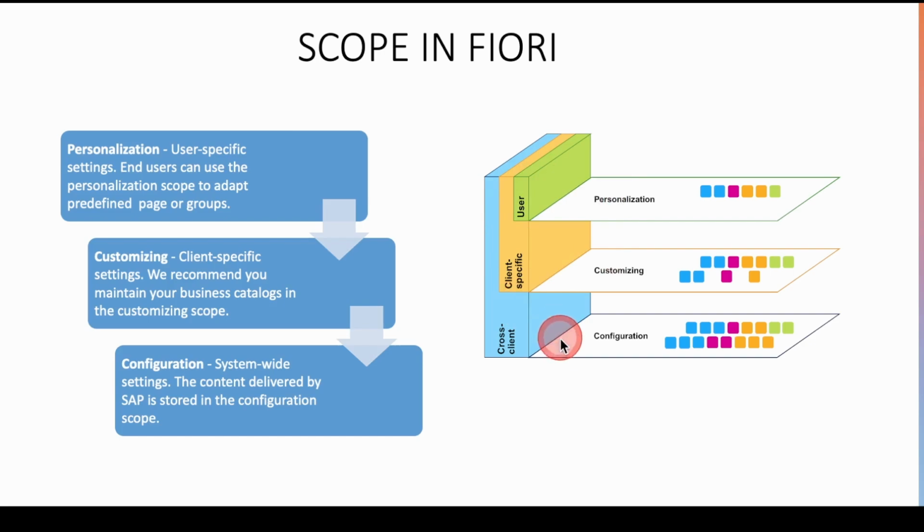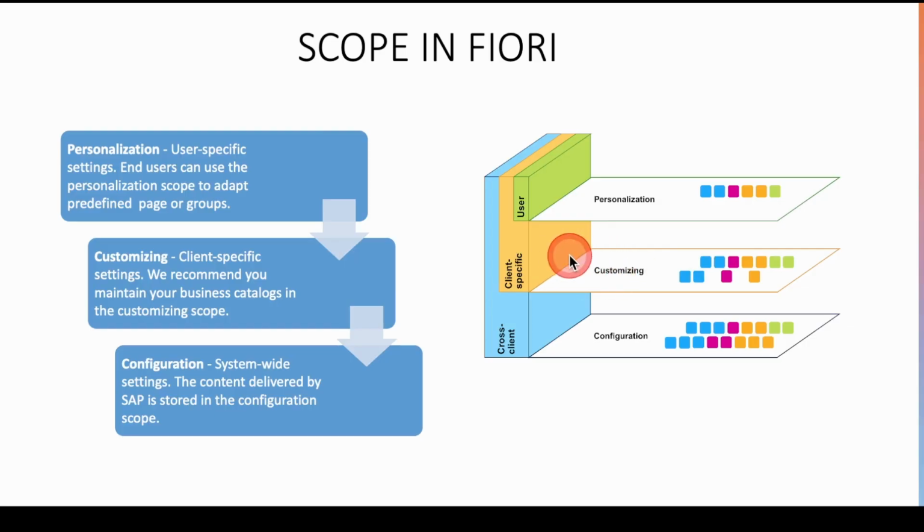So what that basically means is, let's say SAP designed a space a certain way, with 5 tiles A, B, C, D, and E. You, as a consultant, copied that space into a Z namespace, and then decided to remove 2 tiles from that space, and now you are left with only three tiles, A, B and C.